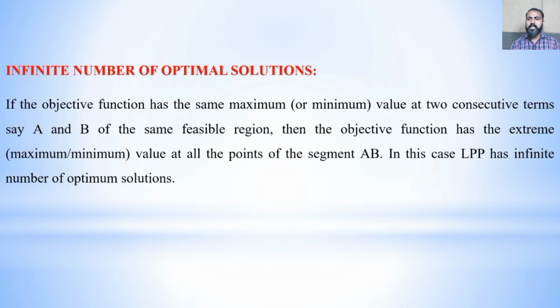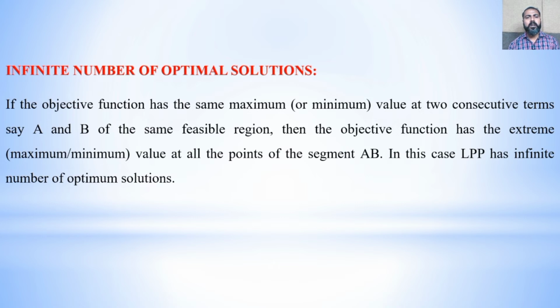In this case, LPP has infinite number of optimum solutions. Remember here, if the maximum or minimum is attained at 2 consecutive vertices of the convex set, then we say that in this case LPP has infinite number of optimum solutions.